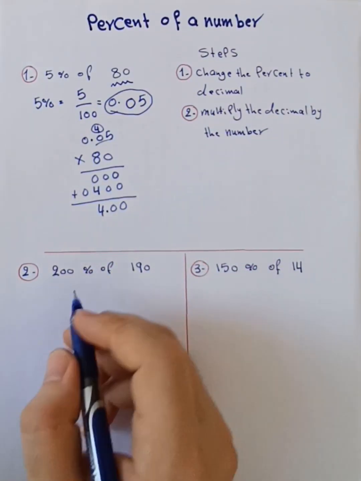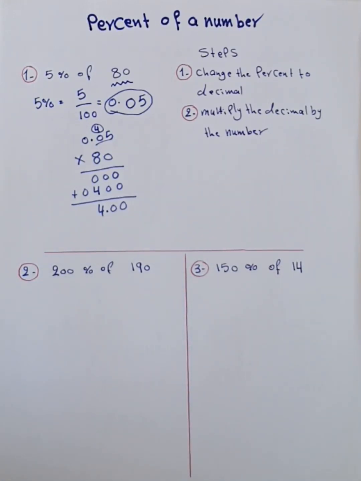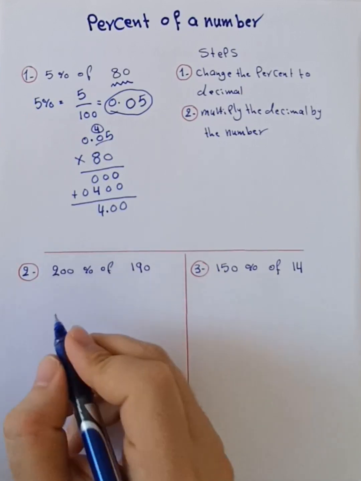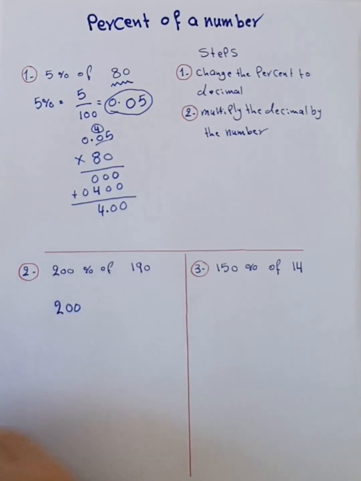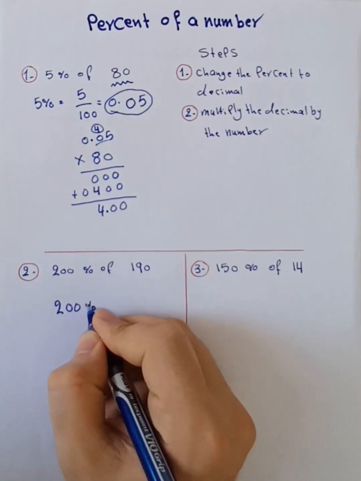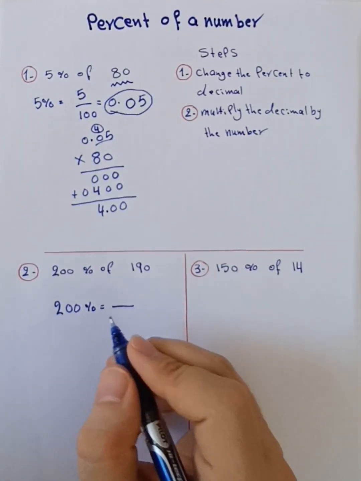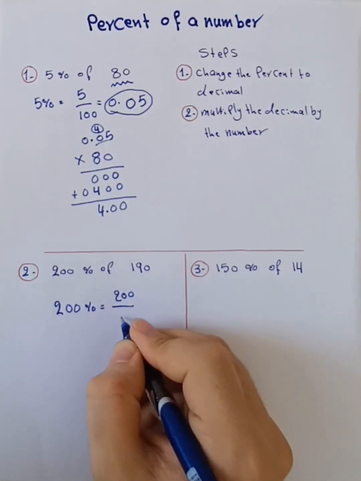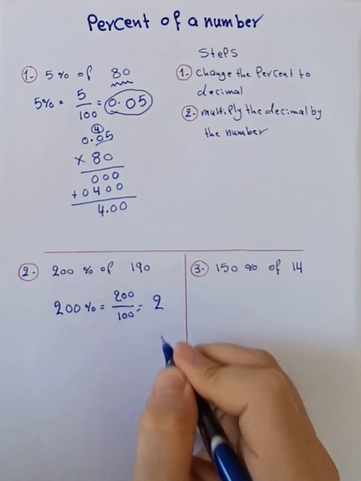Example number 2, 200% of 190. So first step, we have to change this percent to decimal. We have 200%. Always we have to divide the percent number by 100. So 200 divided by 100 equals 2.